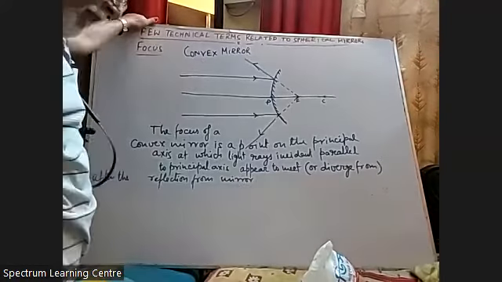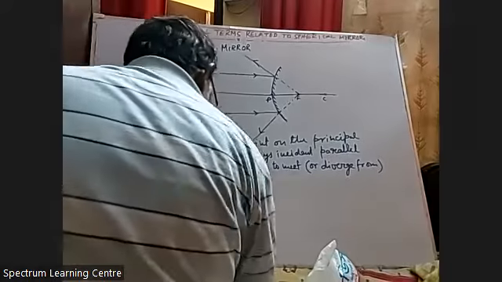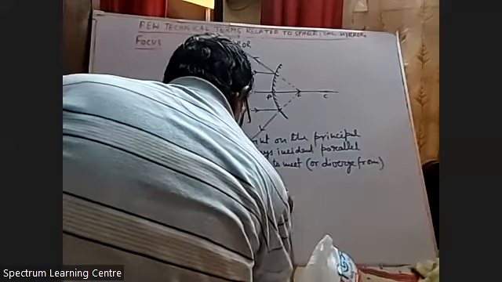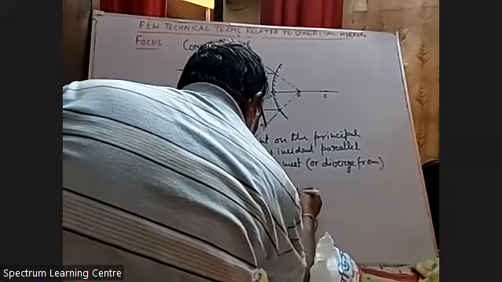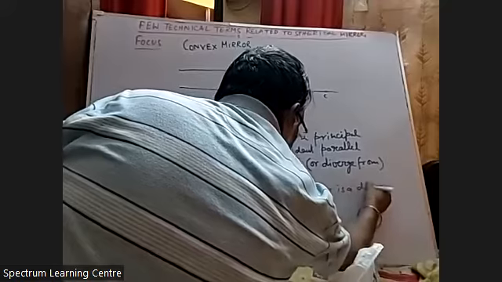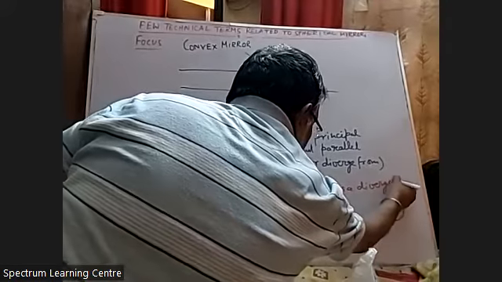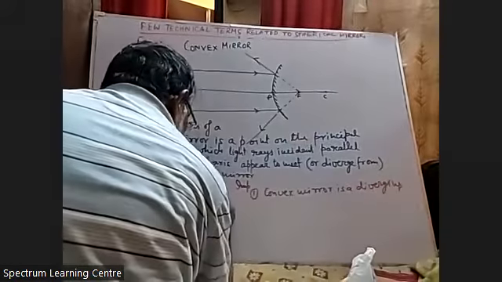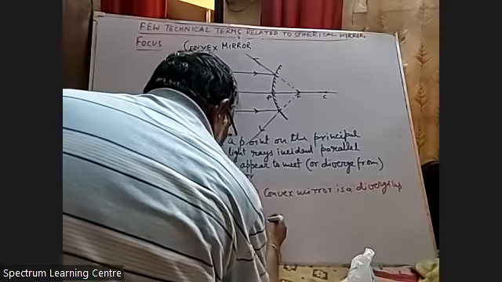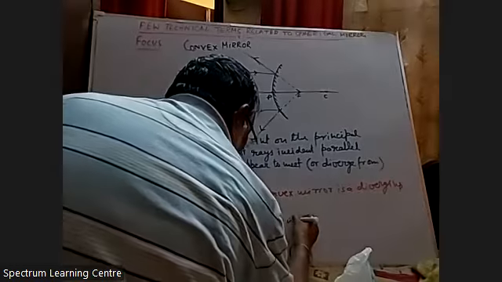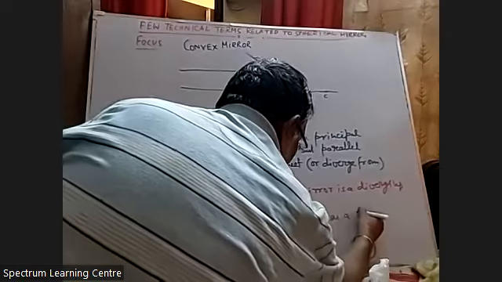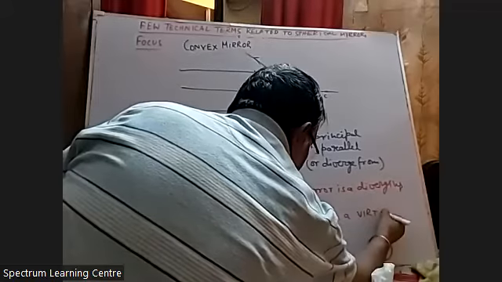Okay, important. Number one, a convex mirror is a diverging mirror. Number two, a convex mirror has a virtual focus.